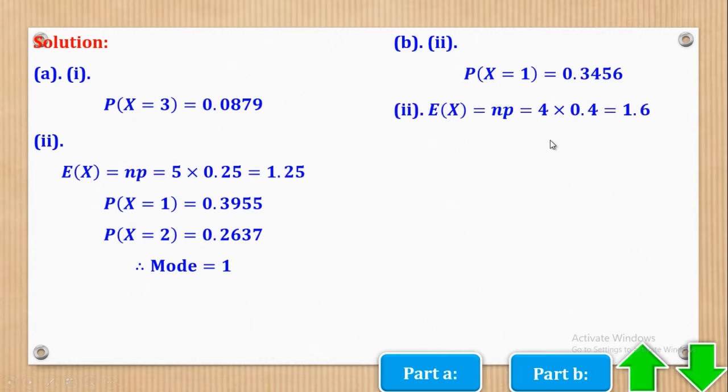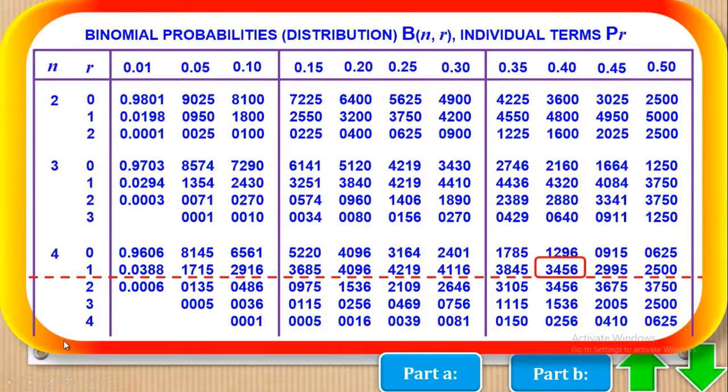Then next we have to first calculate the mean. So the mean is 1.6. It is also still not an integer, meaning that the mode is just close to the mean. Now this value 1.6 is enclosed by two integers, and those integers are 1 and 2. Therefore, still we shall get the probability of x equal to 1, which we already got, and the probability of x equal to 2 is this one.